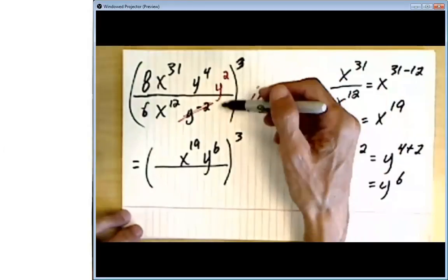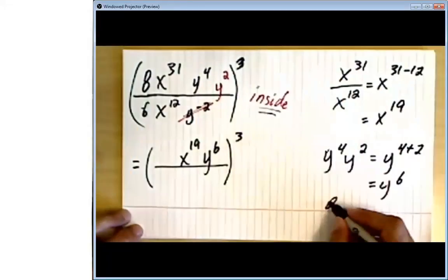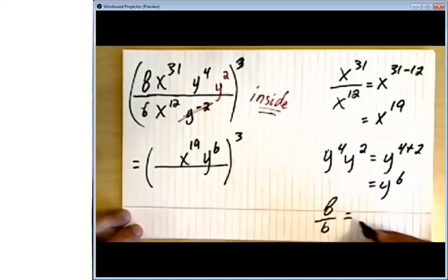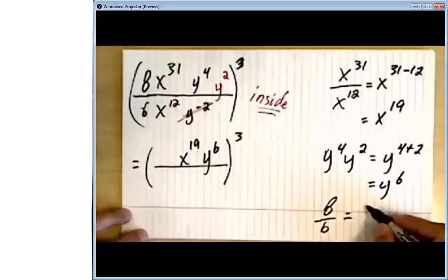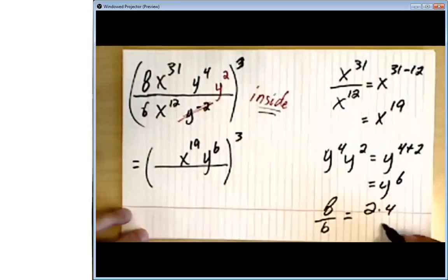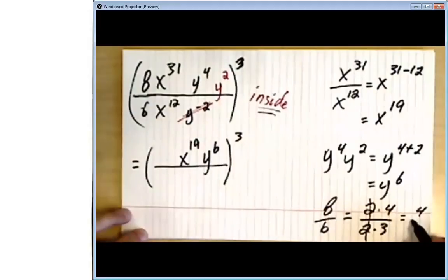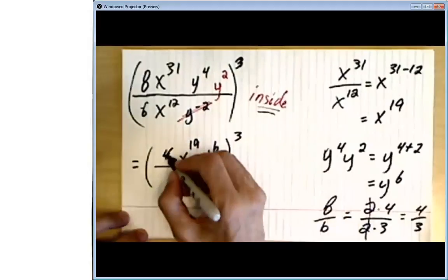If we have 8 over 6, this is kind of what we did yesterday. The 8 can be rewritten as 2 times 4. The 6 can be rewritten as 2 times 3. They're the same, so they're gone. 4 over 3.